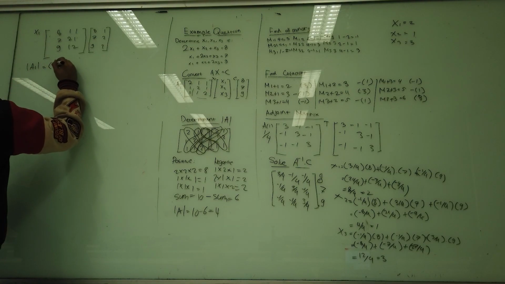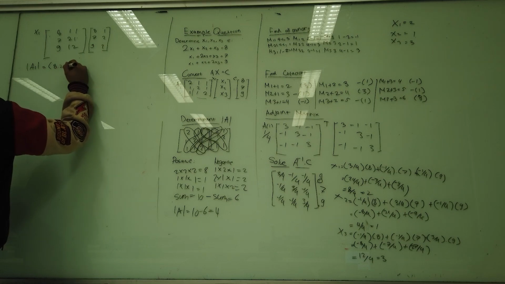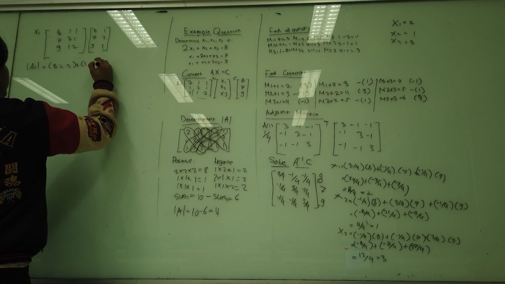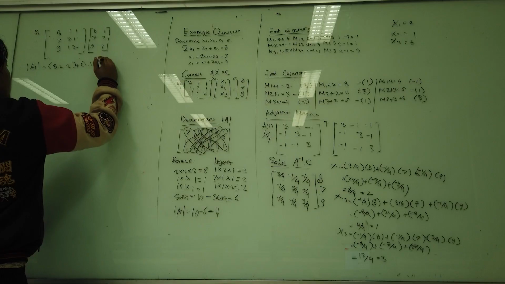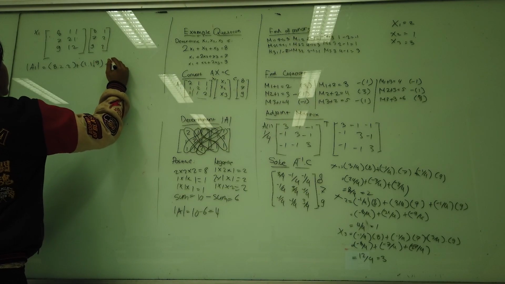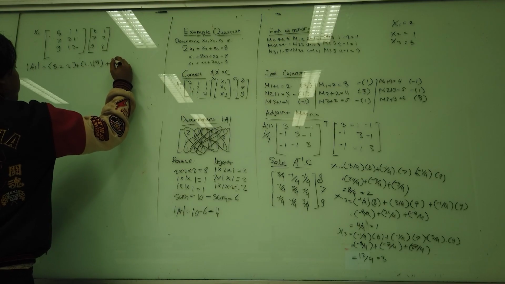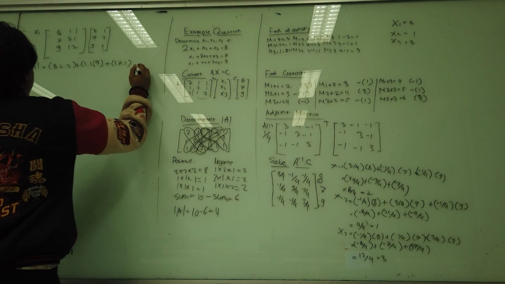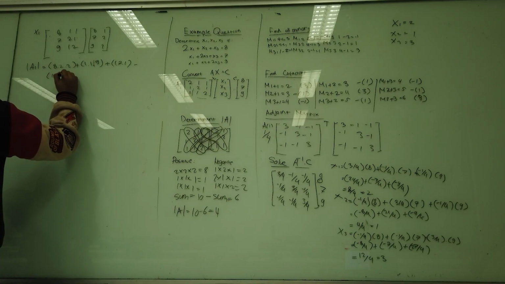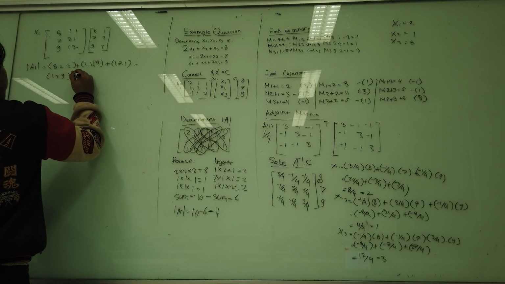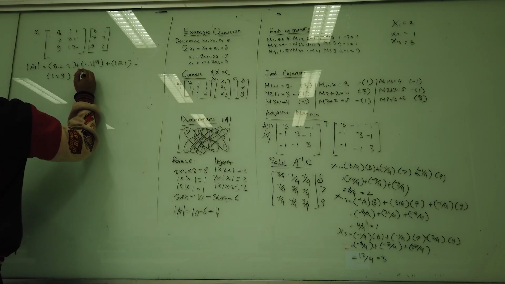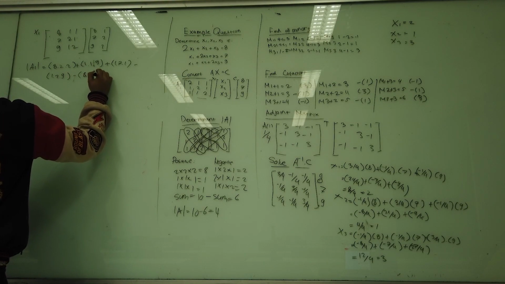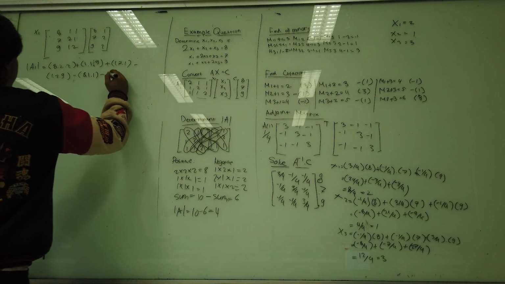Again, that's 1 times 1 times 9 plus 1 times 7 times 1 subtracted by 1 times 2 times 9 minus 8 times 1 times 1 minus lastly 1 times 2 times 7.